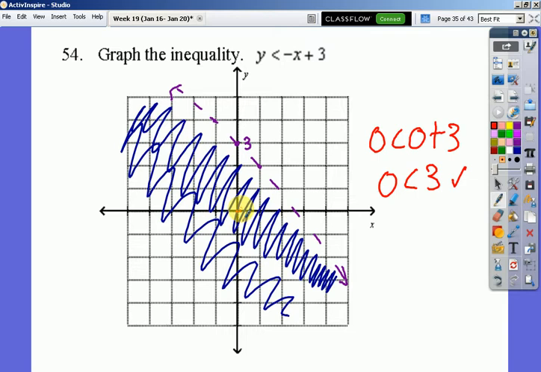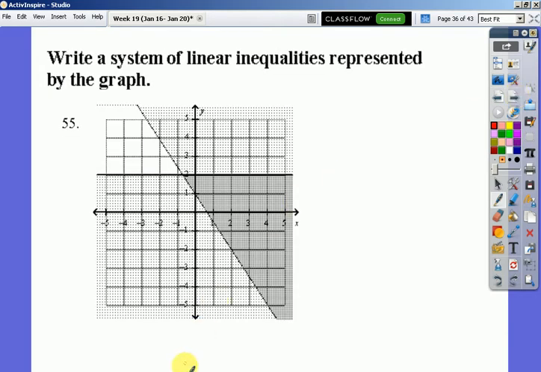All right. Give this a try. So we're going backwards here. And this is often easier than actually graphing a system and finding the shaded intersection. I say that because really we have to just determine what the equations of our lines are, and then change those equations to inequalities and the direction of our shading.